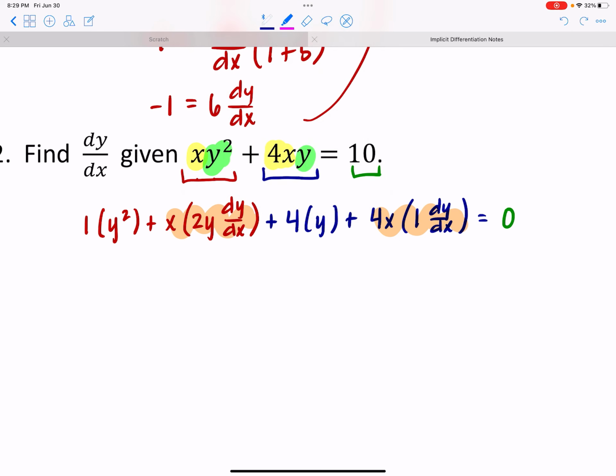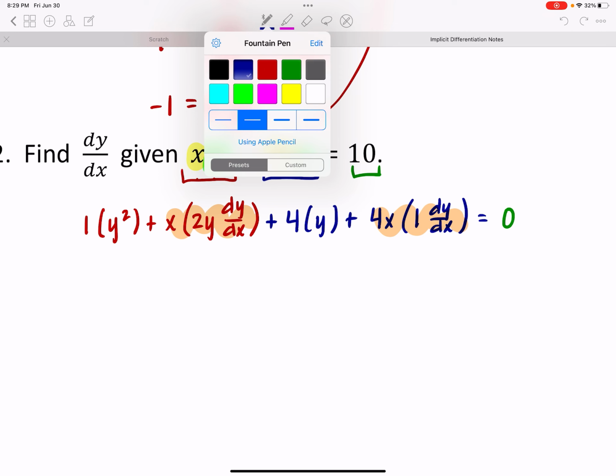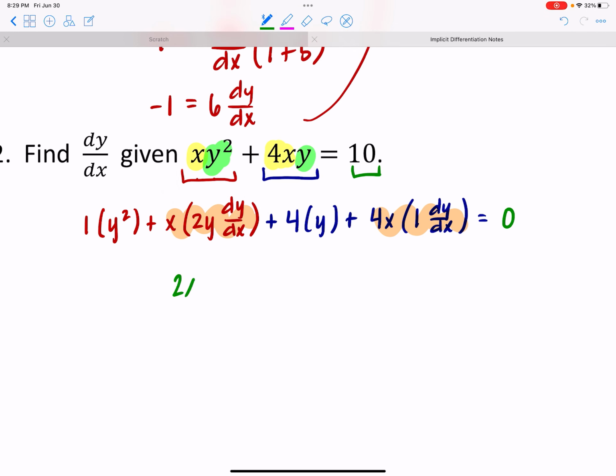I'm going to have 2xy dy/dx, that term's going to stay, plus 4x dy/dx, that term is going to stay. And again, I'm going to subtract these two terms over. So on the other side, I'll have a negative y squared and a negative 4y.